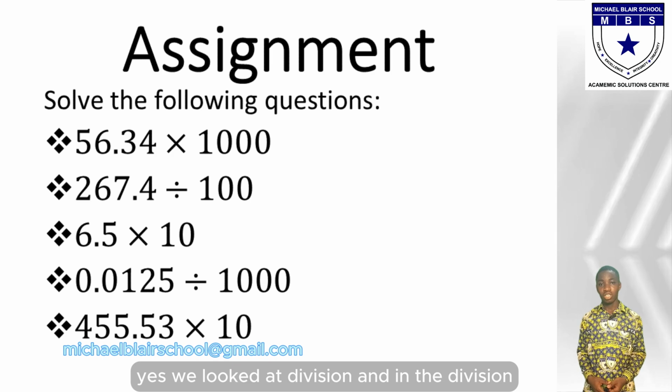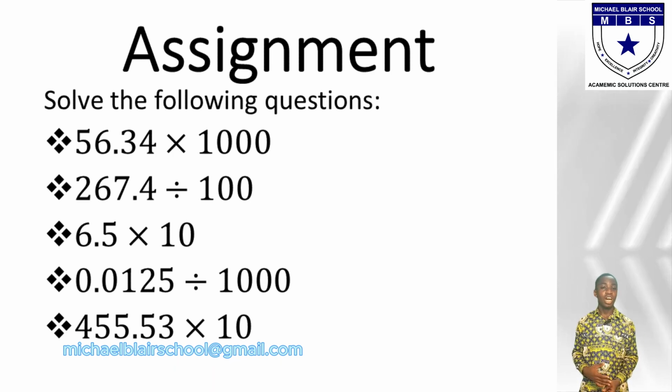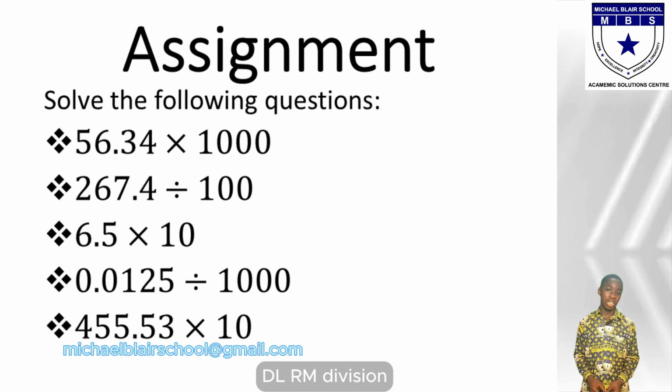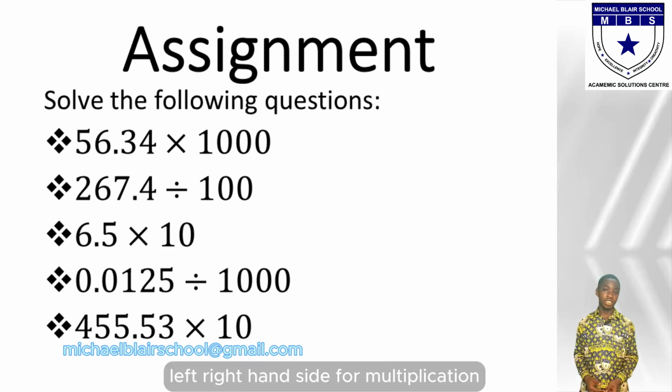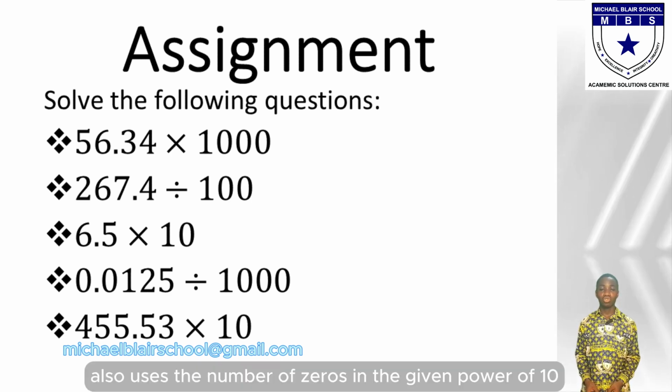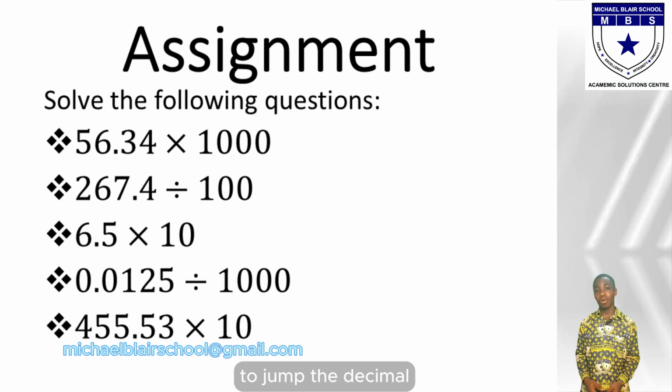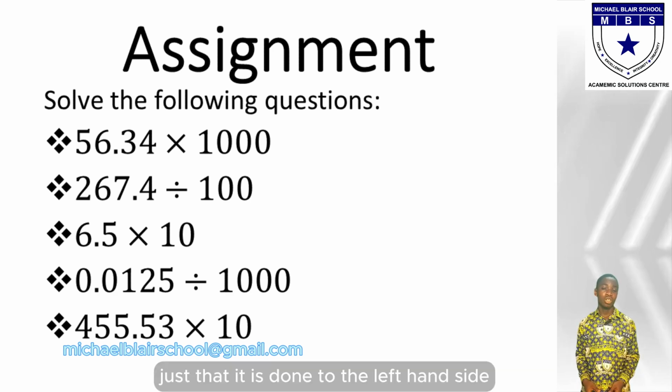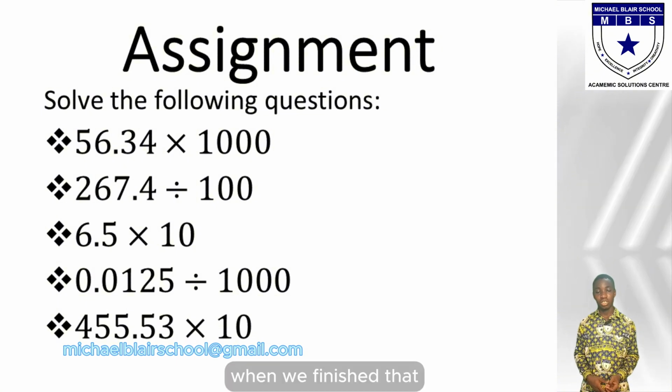Yes, we looked at division, and in division, DLRM, division left, right hand side for multiplication. So division also uses the number of zeros in the given power of 10 to jump the decimal, just that it is done to the left hand side.